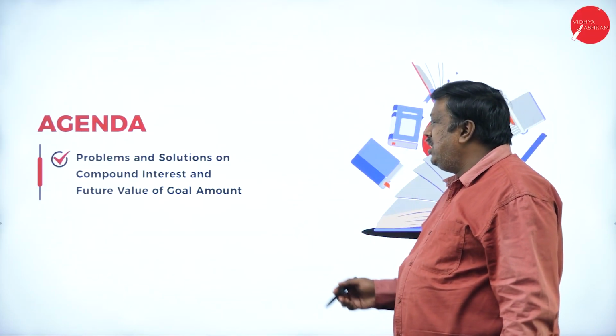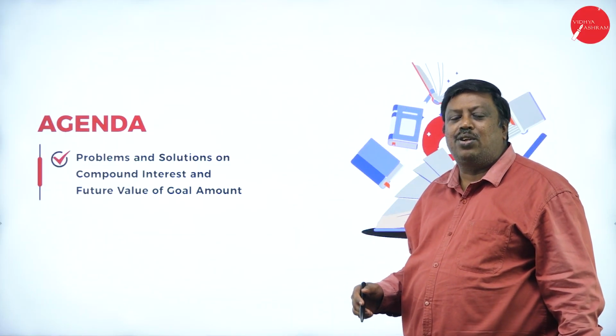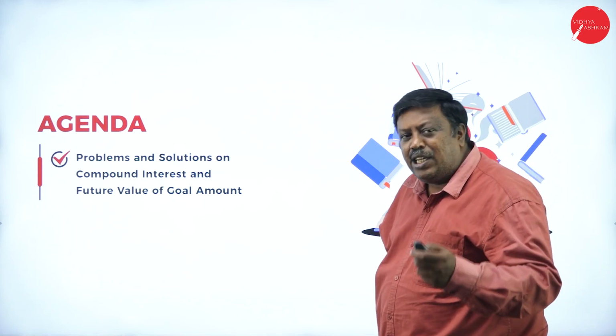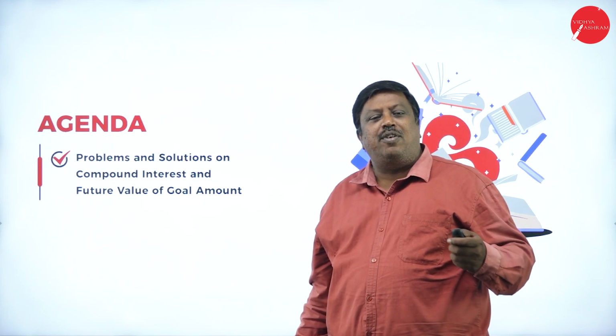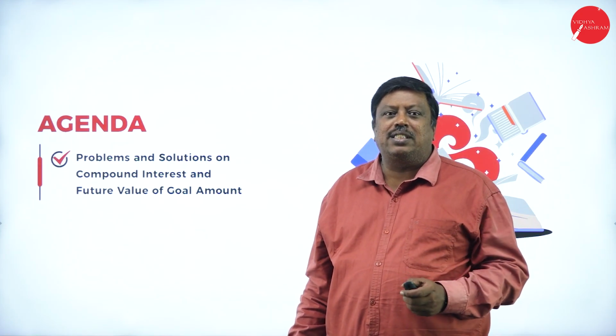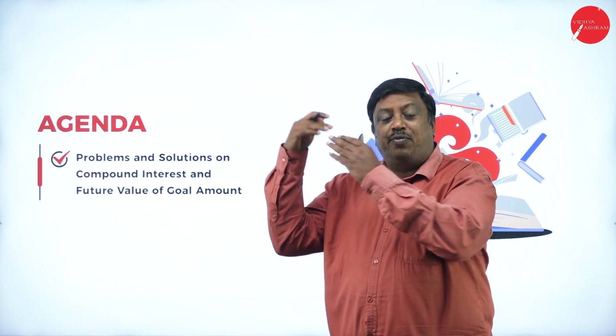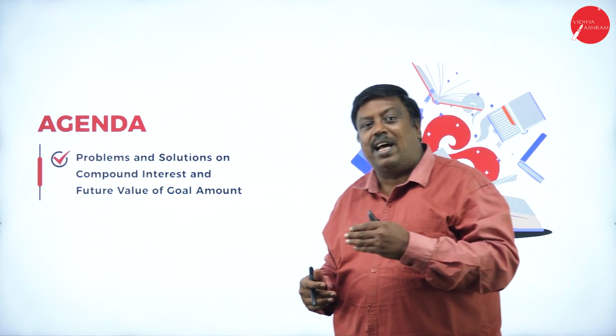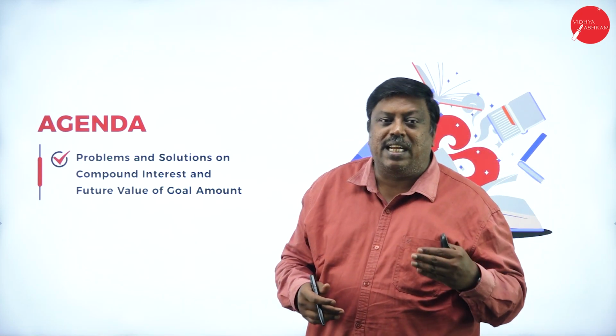The agenda is to solve problems on calculation of compound interest as well as future annuity value, that is, the future goal amount of any person who is planning for his future, how much he has to save and how he can save it, and what the terms and conditions will be.